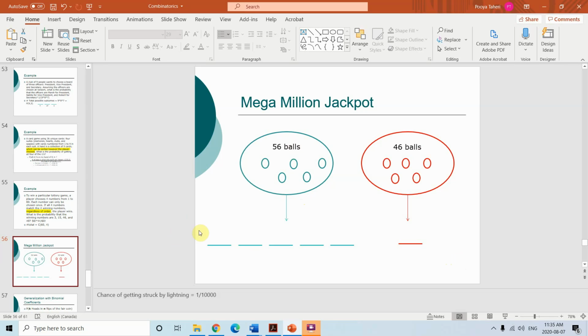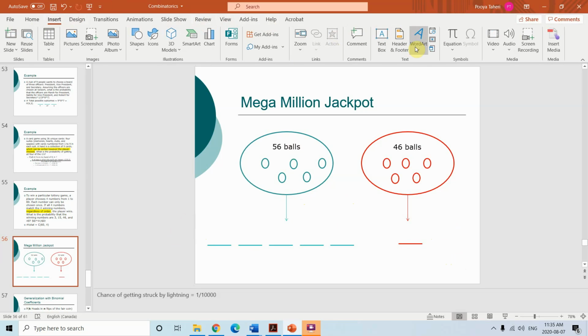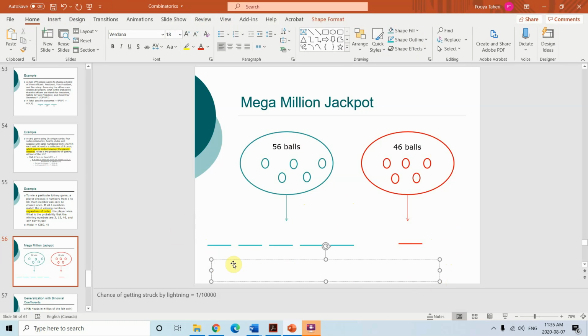This time, if the order matters, this becomes a permutation problem, right? So if I do this here, for the first number we have 56 different options, for the second one 55, for the third one 54, for the fourth one 53, and for the fifth one 52, and for the one from the other pack we have 46 different options.